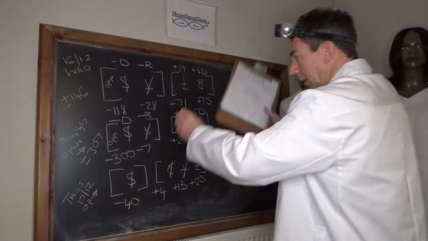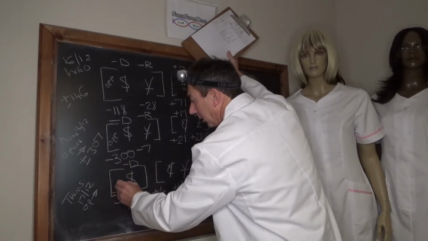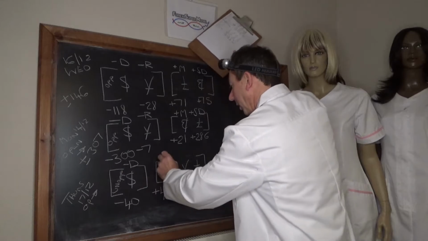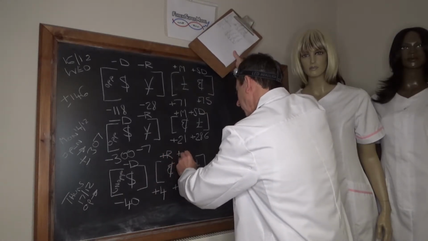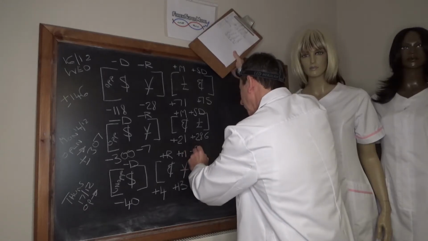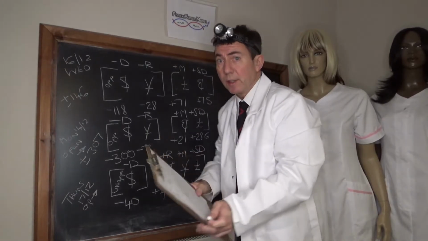So we've got a negative driver in the dollar, which is unopposed, and we've got a positive rock in the euro, positive mover in the yen, and a positive secondary driver in the pound. Right, so let's make some sense of this then.